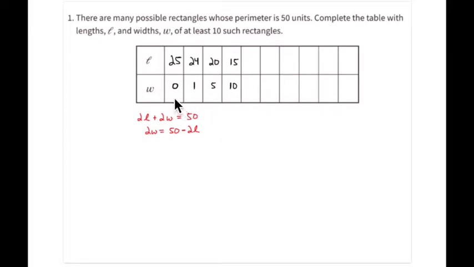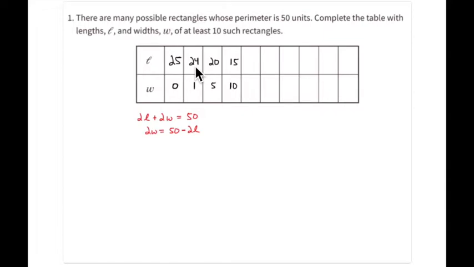Well, you can start off with saying, I'm going to call this length along the top 25 units. That means that you've used up 25 units along the top and 25 units along the bottom. So you've used up your 50 units. You don't have anything left for the width. So that means the width is 0. So this is just a line that's 25 units long.